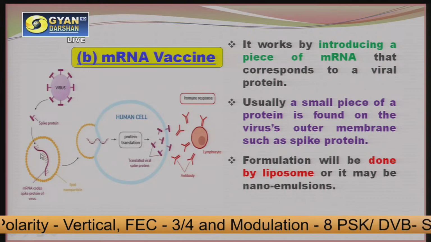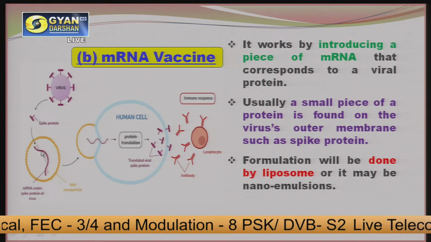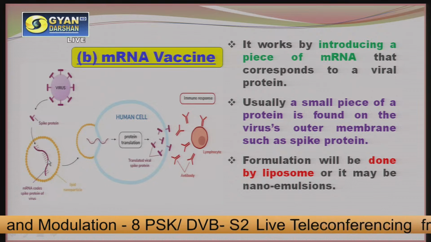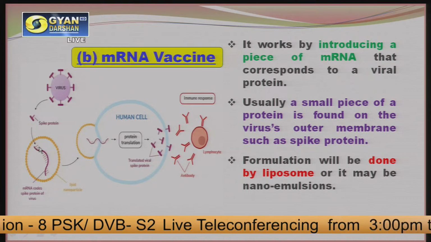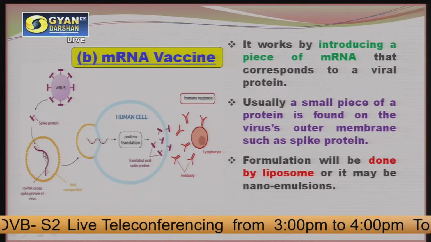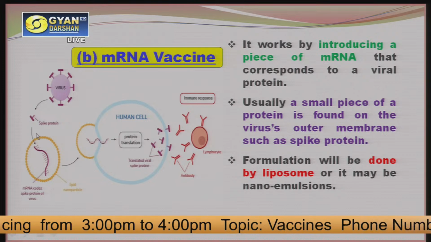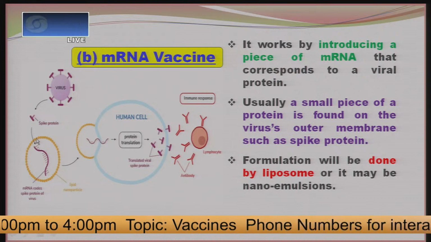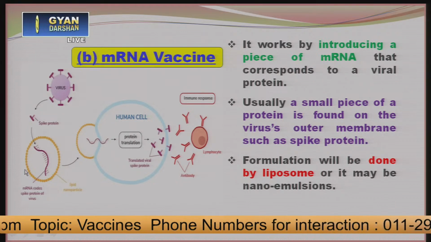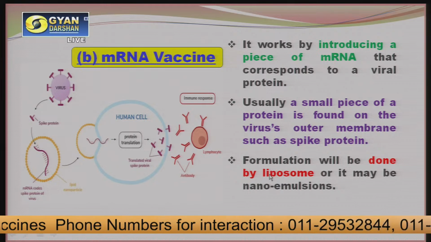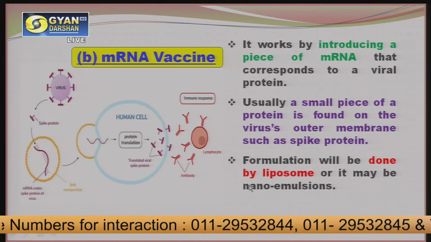It is very fragile. It will degrade very easily. So we can utilize formulations like liposome. We can make formulations of the mRNA with the help of liposome or nanoemulsion.